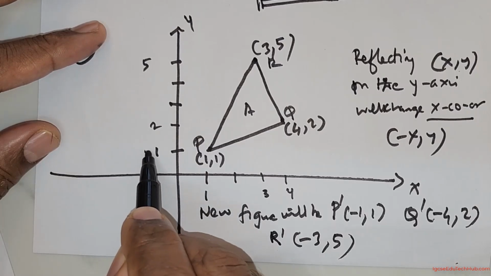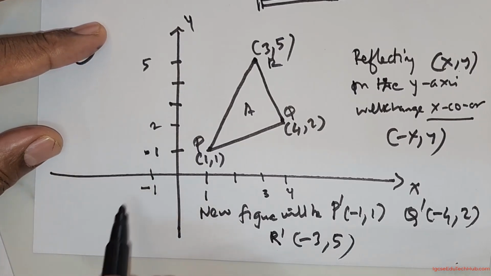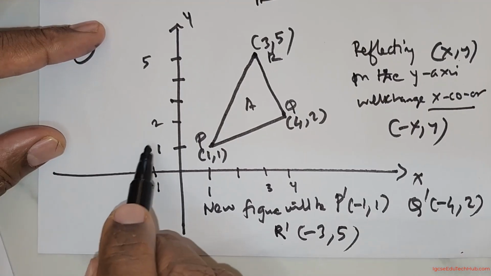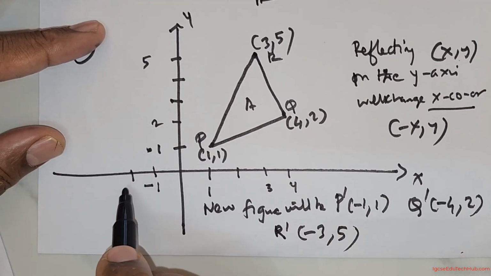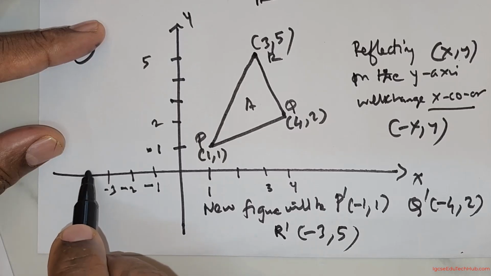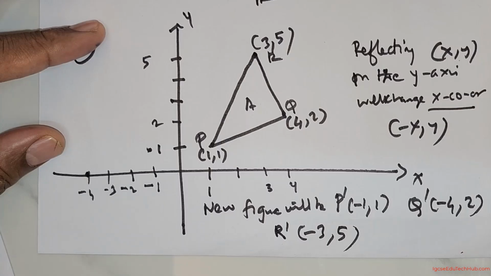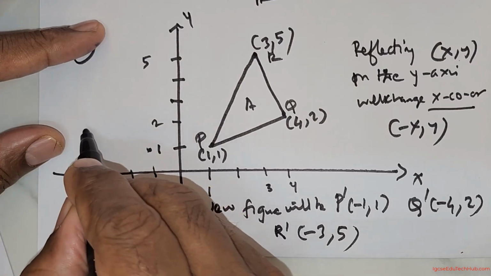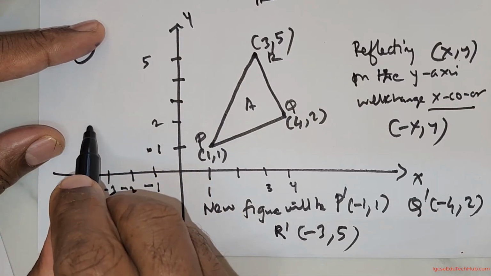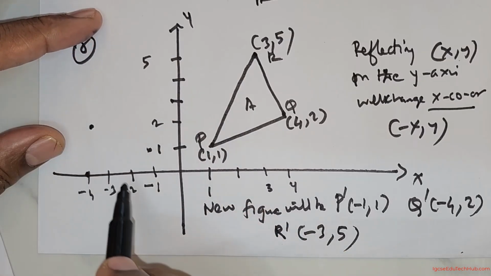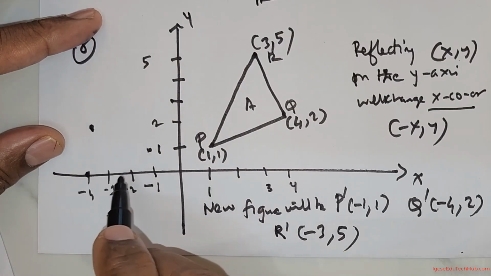This is negative 1, so this will be the first coordinate. That's P dash. So negative 2, negative 3, negative 4. So you have a coordinate negative 4. Now this negative 4 is moving all the way to 2. So 2 will not be altered. So you have a shape like this.